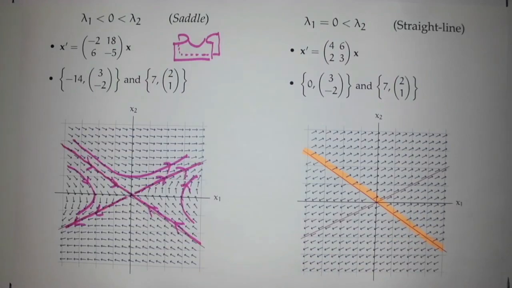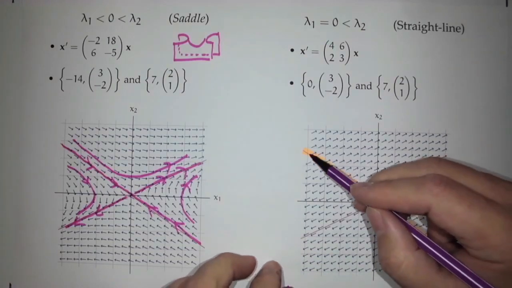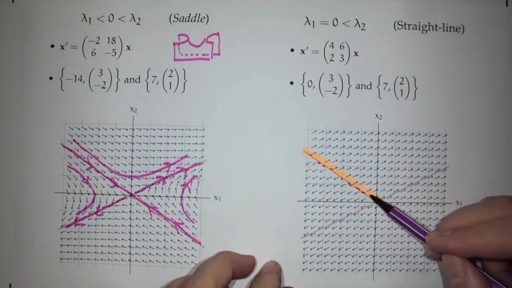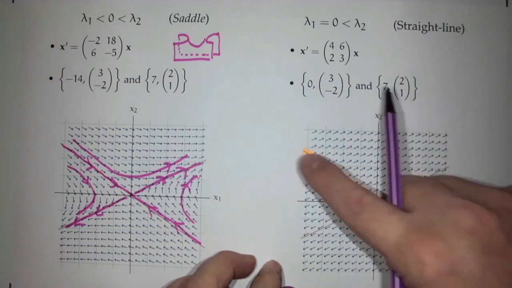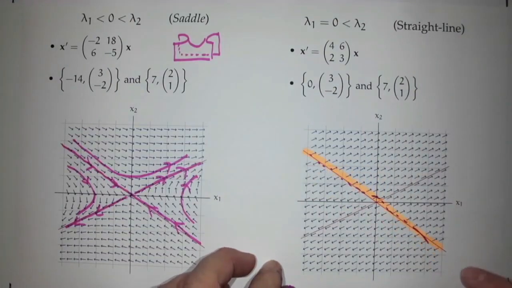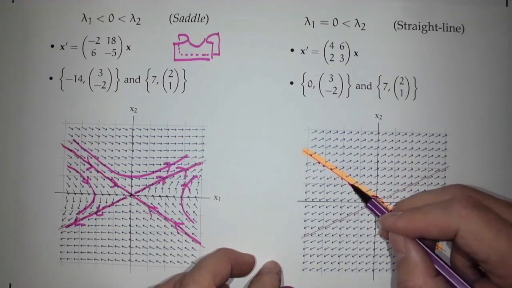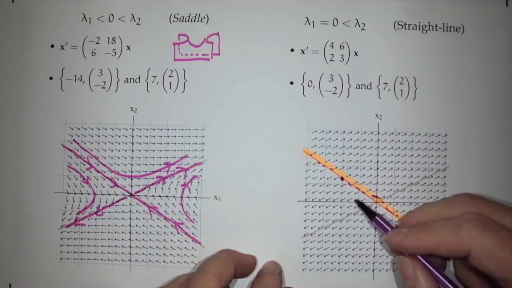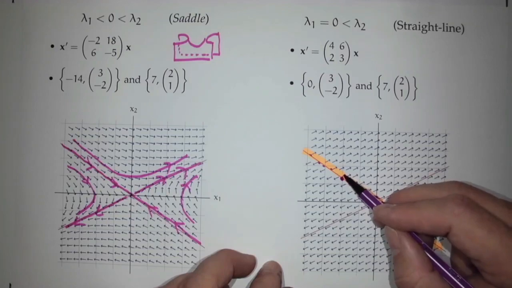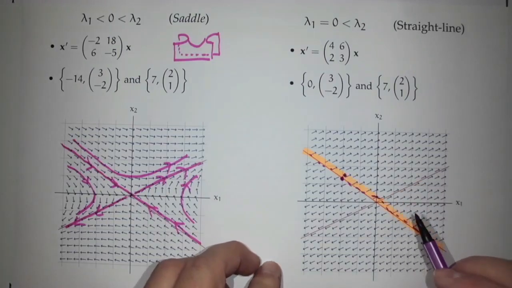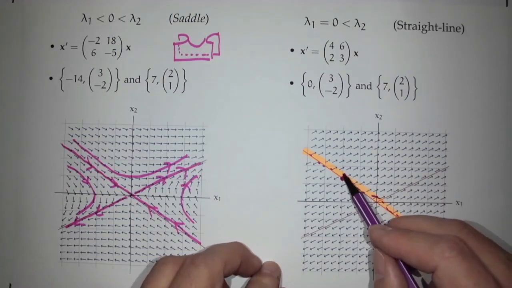Well, the arrows are slightly off the line. On the line, what's happening to the points on the line? We're stationary. We stay put. If we go off the line ever so slightly, we move just a little bit off, then what happens? Then we start to move away.